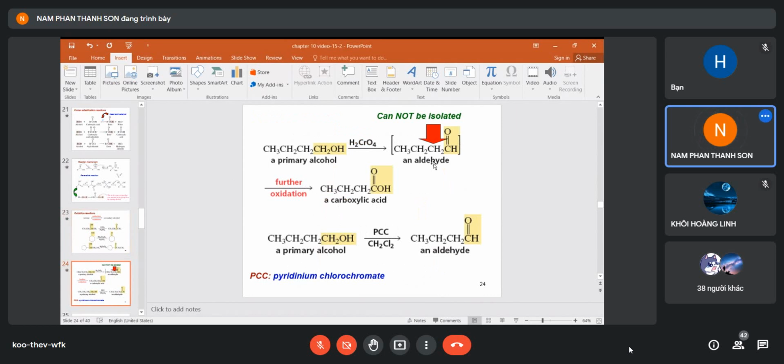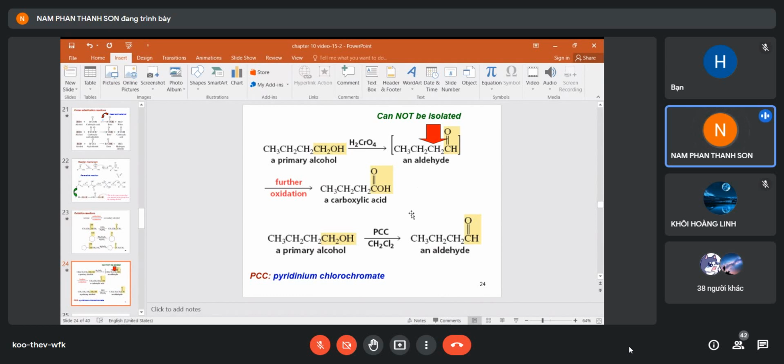I mean, the oxidation step from aldehyde to carboxylic acid occurs more readily than the oxidation step from alcohol to aldehyde. So eventually, you have carboxylic acid, but not the aldehyde.